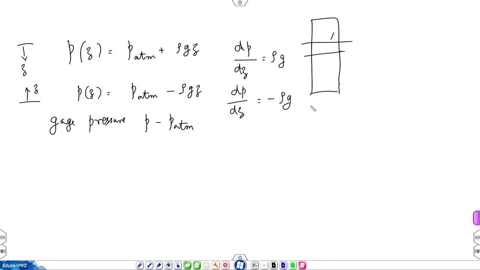Let us say the second equation, you can write P at H minus P atmospheric equal to integral 0 to H with a negative sign rho g dz. Let us say if h is equal to z, at the surface the integral is 0.